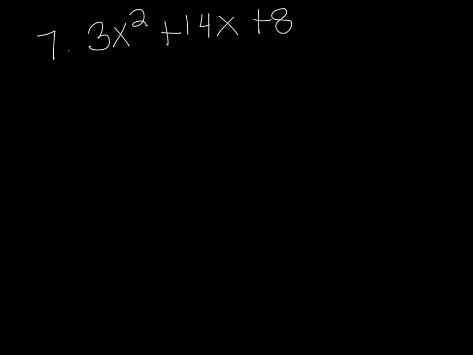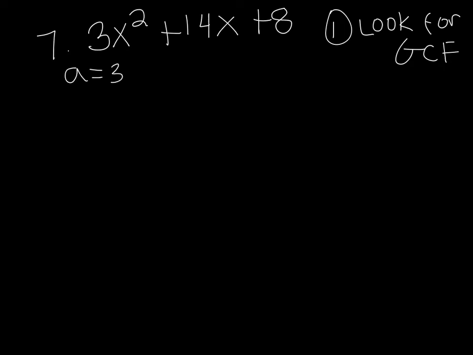Now with any factoring problem, the first thing you always want to do is look for a GCF, or greatest common factor. I always do that no matter what kind of problem I'm working on. In this case, there is no greatest common factor. So I now have to think about what does a equal? Here a would be 3, b would be 14, and c would be 8.